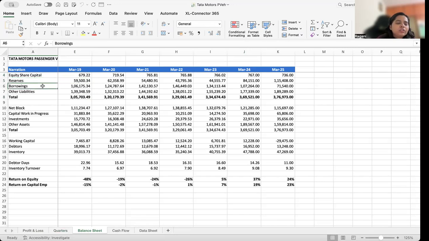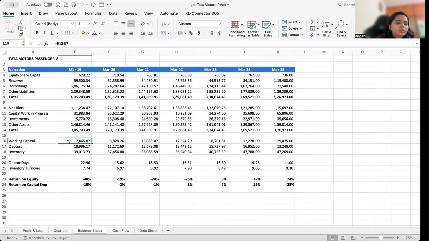After that, borrowings, other liabilities, and totals. Then net block, capital work in progress, investment, other assets, and totals. Every data I took from the data sheets.